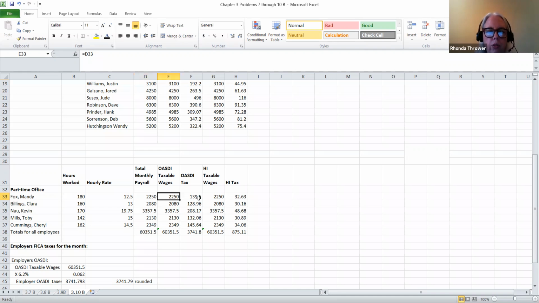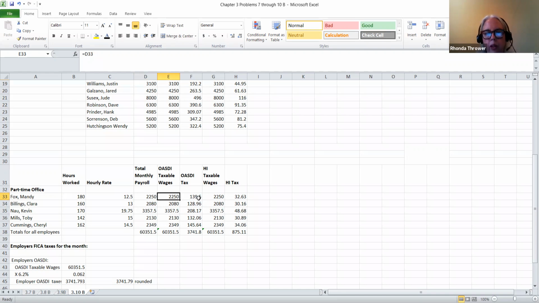And all of these are subject to OASDI taxes because none of the employees went over the base or the ceiling at 137,700.